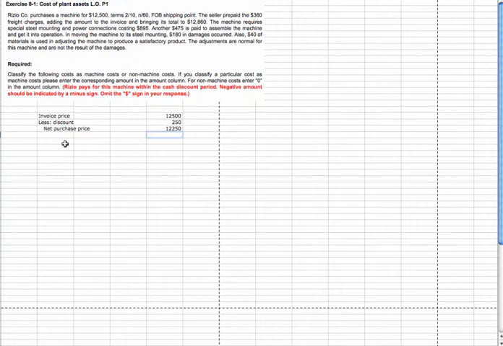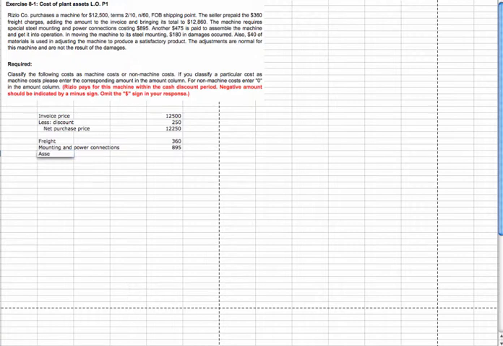But we're not done yet because once again we have to add in all these other costs that are associated with getting this equipment into a usable condition. So we want to include the freight, and the freight charges were $360. We also want to include the mounting and the power connections. And that came to, let's see, $895.